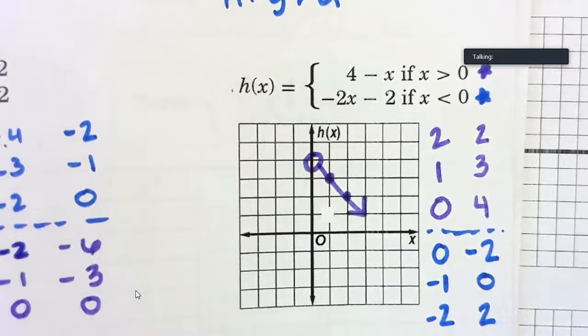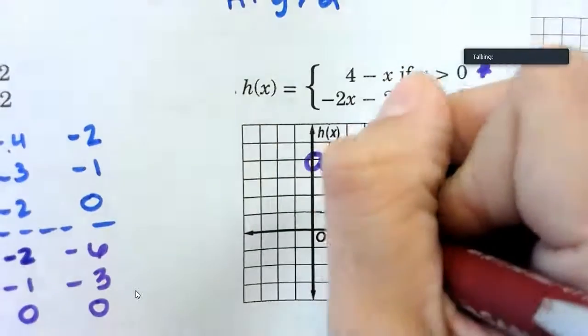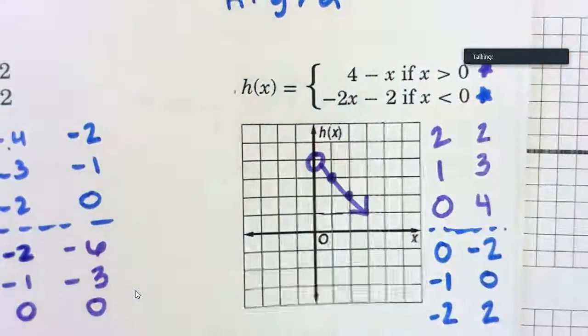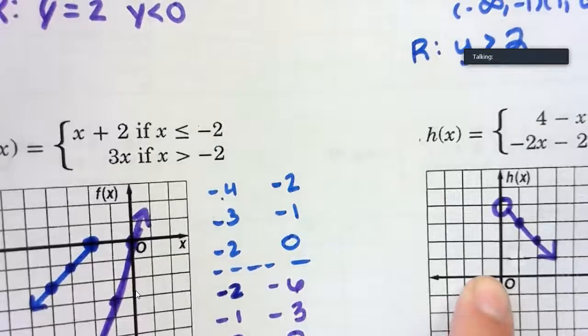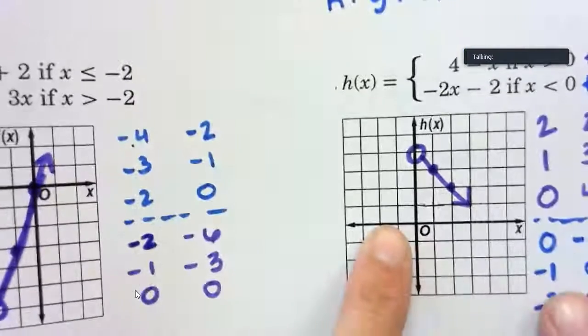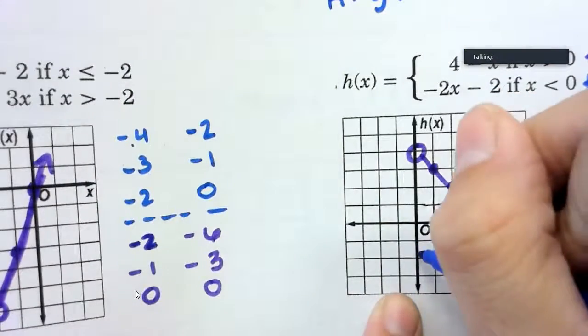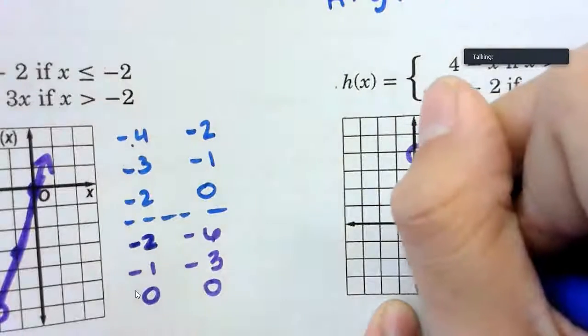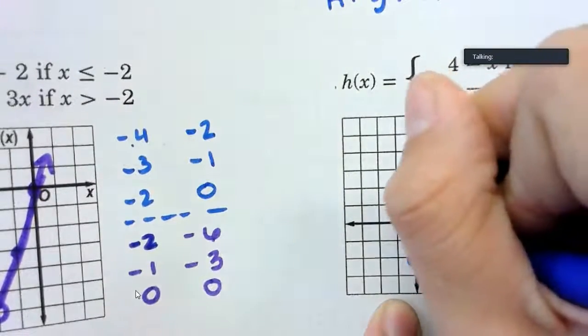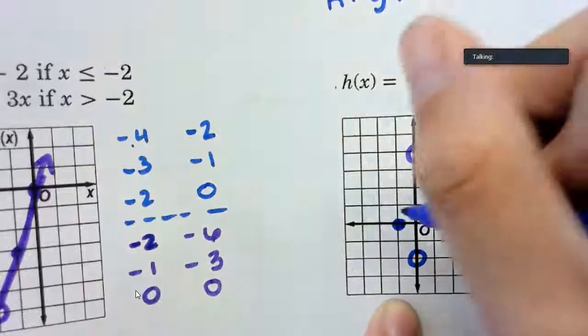But again, it's not wrong, so I wanted to show you. And then the blue at 0, negative 2, open or closed? Open. Negative 1, 0. And negative 2, 2.